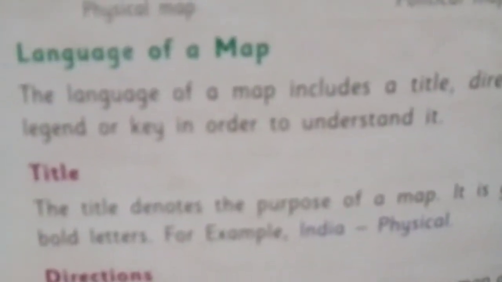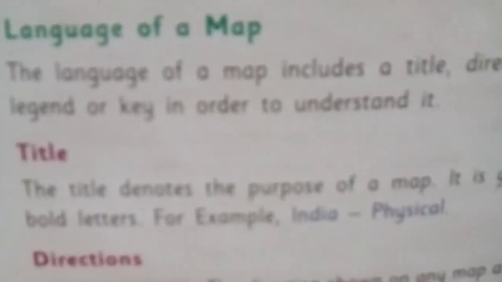A thematic map shows a particular theme about a geographic area such as rivers, climate, rainfall, road, etc. Now, come to the next point, and the next point is language of a map. The language of a map includes a title, direction, scale, colors, and symbols, legends, or key in order to understand it.